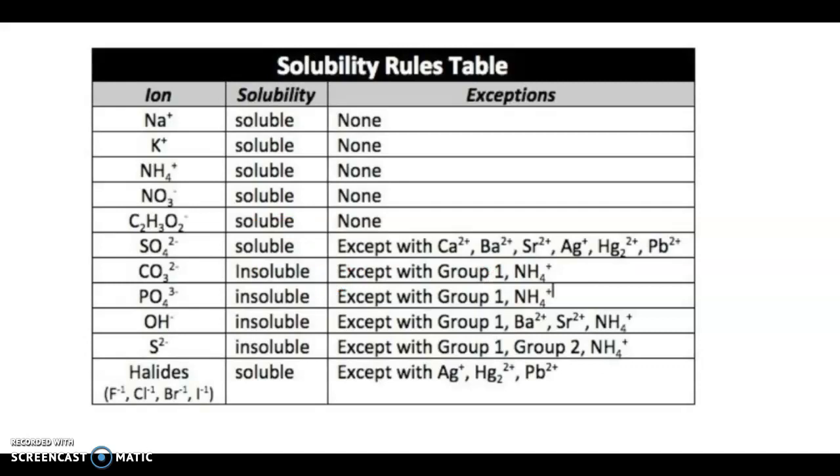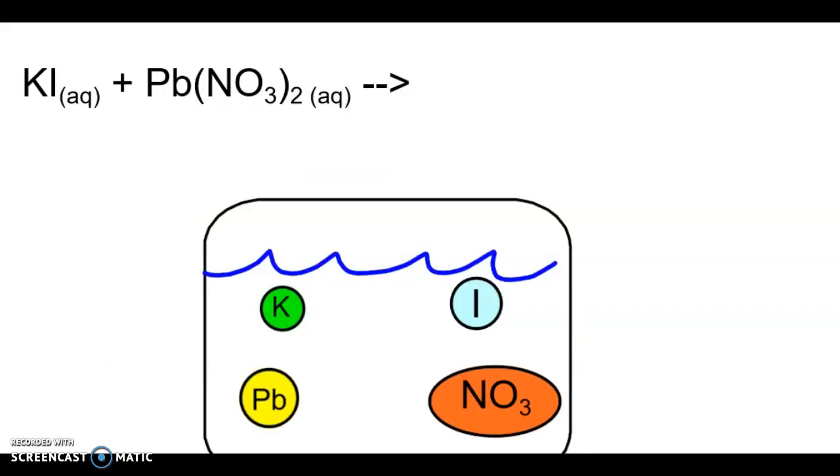So this chart that I'll have attached to your assignment post, the solubility rules, is going to be important when we're figuring out whether or not a double replacement reaction is happening. Solubility just means, is something able to dissolve in water? So what that looks like, if we have potassium iodide and lead nitrate reacting together in a double replacement reaction.